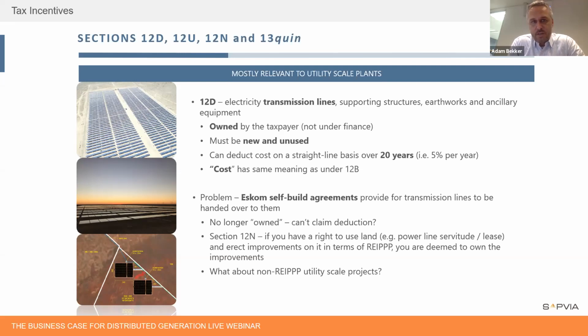So there is a separate section that they introduced into the Act, Section 12N, which effectively allows you to claim that deduction even if you've handed the electricity transmission lines or other improvements that you've made over to Eskom, as long as you've done that in terms of the REIPP.